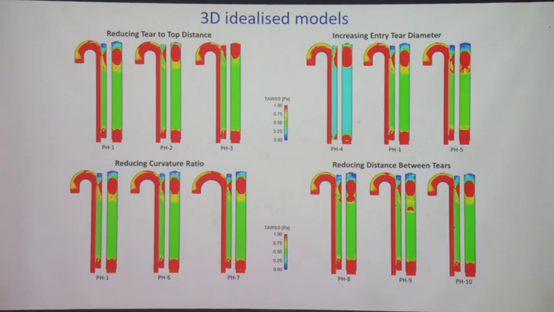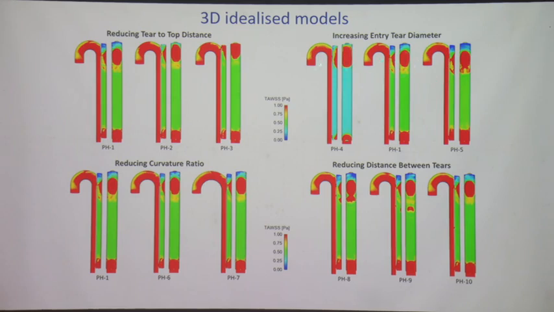And likewise, each one of these changes one of those geometric features. The one on the right is to increase the entry tear diameter. You start with a small diameter, all at the same location, and then gradually increase the diameter to see how this affects shear stress distributions inside the false lumen.